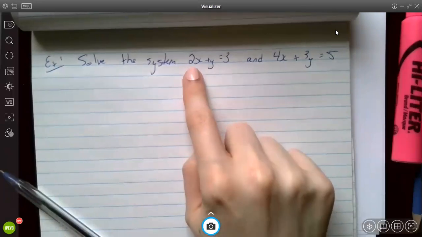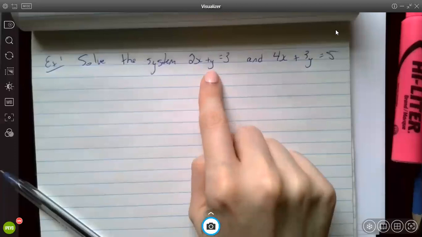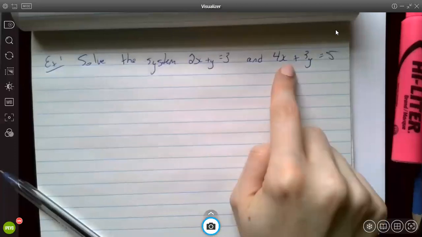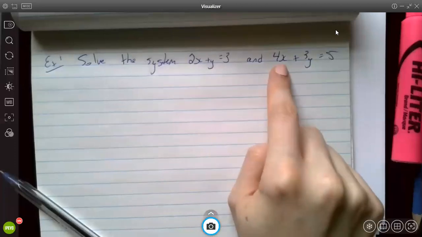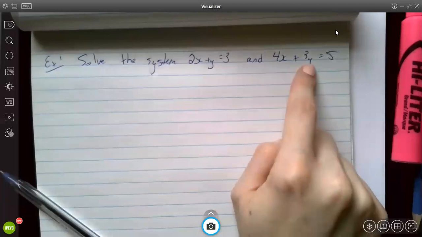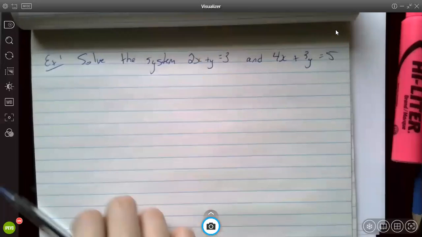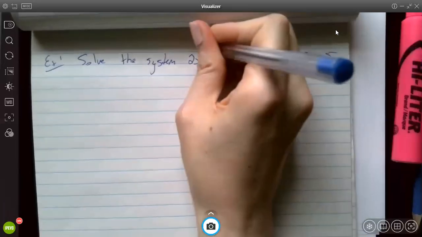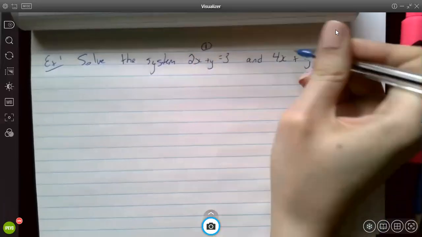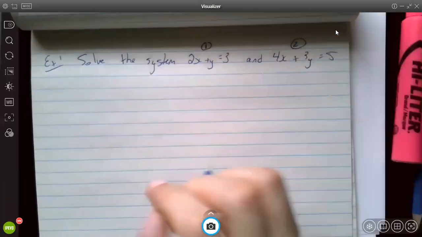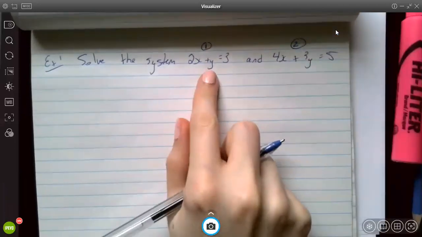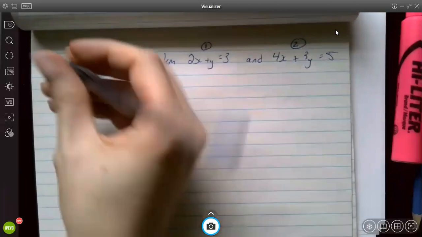So x has a coefficient of 2, y doesn't have a coefficient, and then in the other equation, both the x and the y have coefficients or numbers in front of them. That means I am going to call this equation number 1 and this equation number 2, just because it's going to be easier to isolate this y.